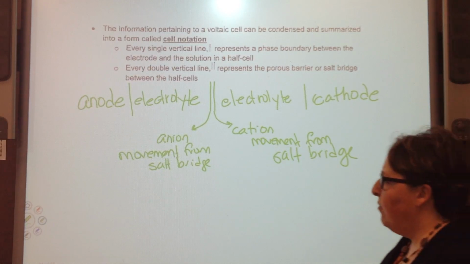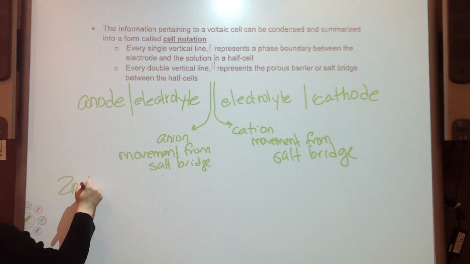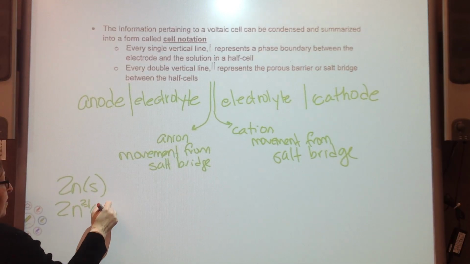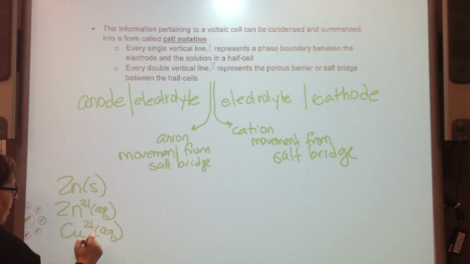So in our cell that we drew, we had zinc 2 plus, we had copper 2 plus, and we had copper as a solid. Zinc was which anode? It was zinc as a solid. Let's start this over.